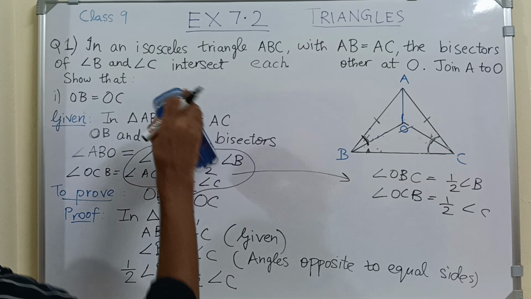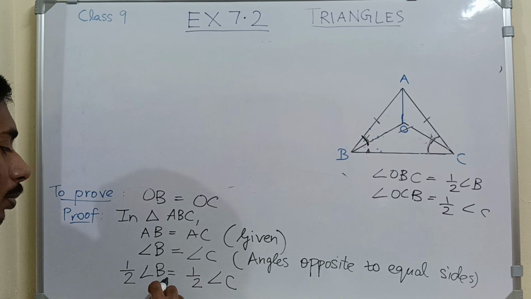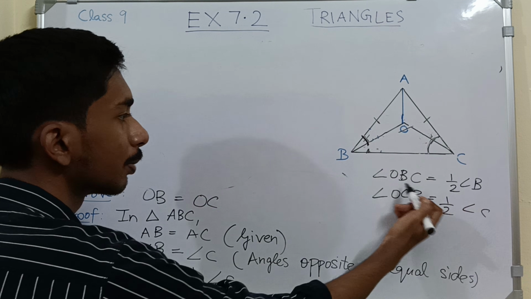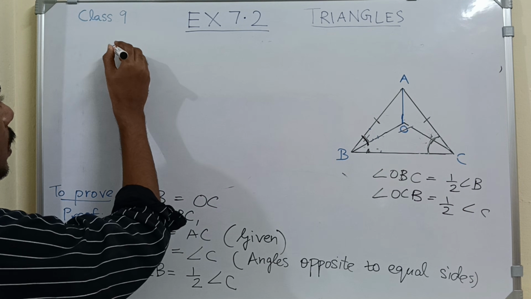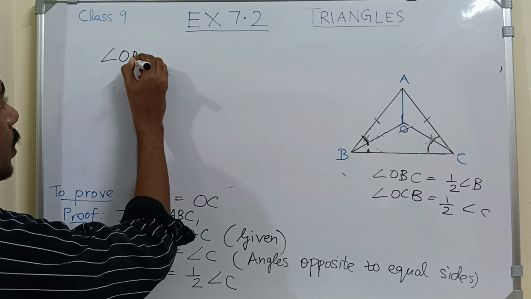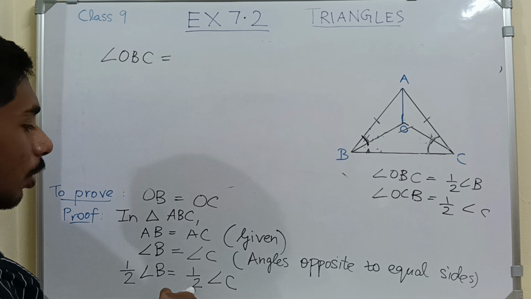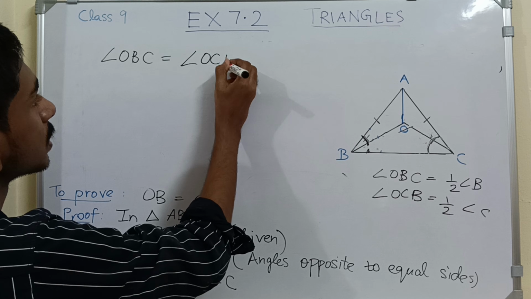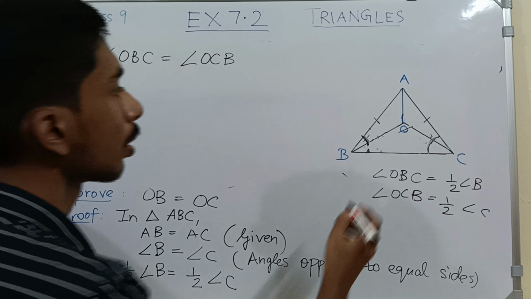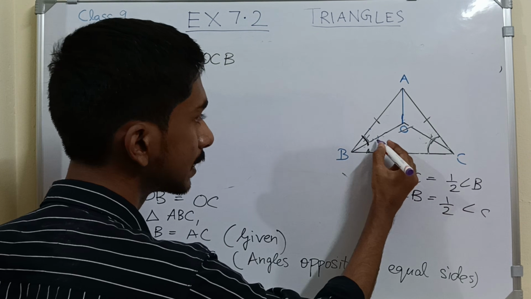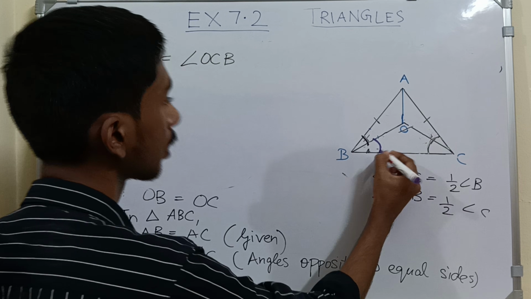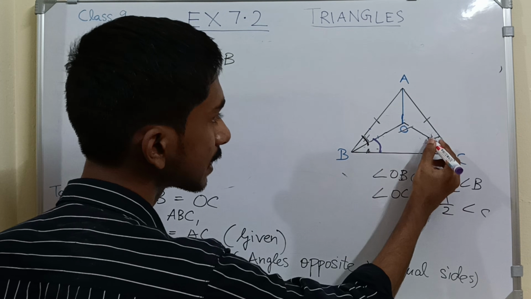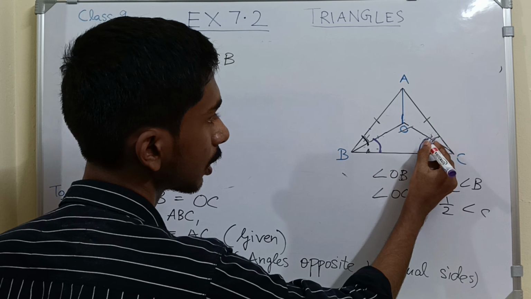Now half of angle B, what is half of angle B? It is angle OBC. Angle OBC is equal to, what is half of angle C? It is angle OCB. Now angle OBC is this angle and angle OCB is this angle.